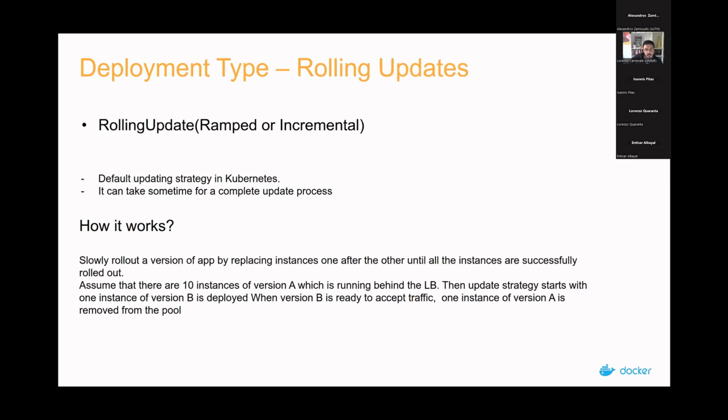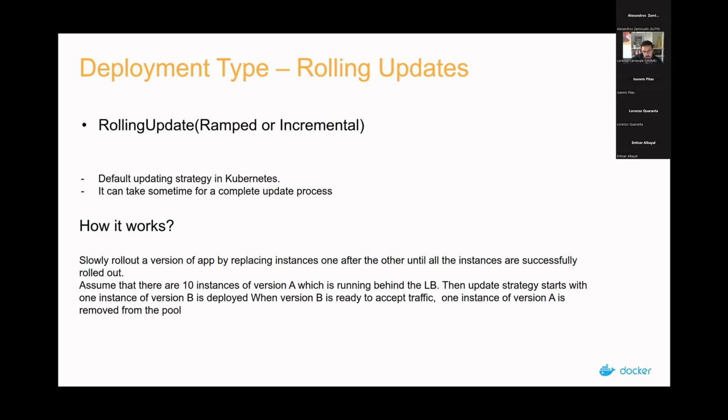Then we have the rolling update, ramped or incremental. This is the default updating strategy in Kubernetes. It could take some time. How does it work? It rolls out a version of an application by replacing the instances of the one that was successfully rolled out.